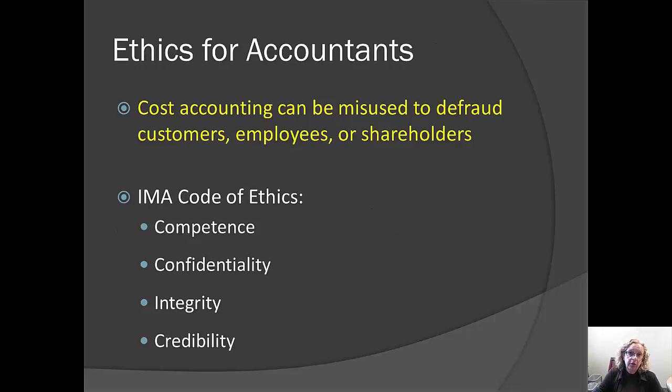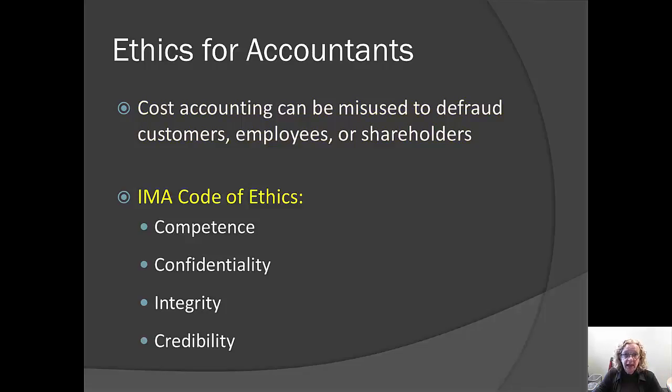A big issue for accountants is ethics, because accountants hold a privileged position within the organization. And because of that, accountants must make sure to conduct themselves with the highest level of ethics.